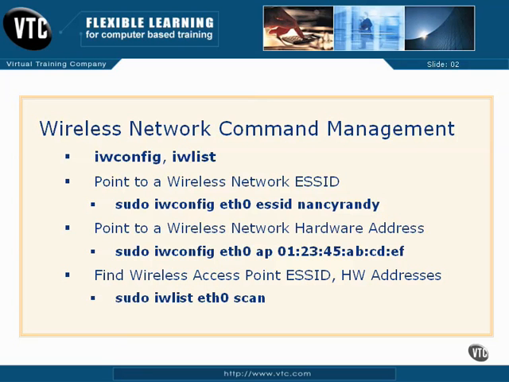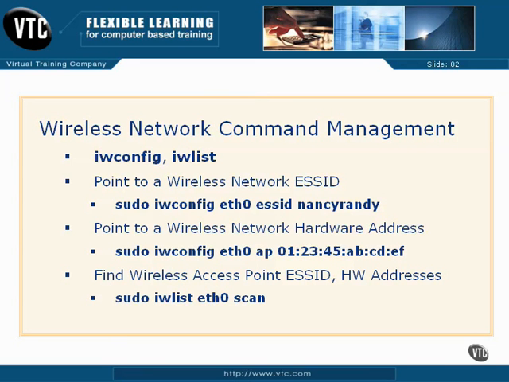You can use it to change the connected network access point, specifically the ESSID, which is short for the Extended Service Set Identifier. If my wireless card is eth0, the command shown here, sudo iwconfig eth0 essid Nancy Randy, changes the network to the Nancy Randy network.